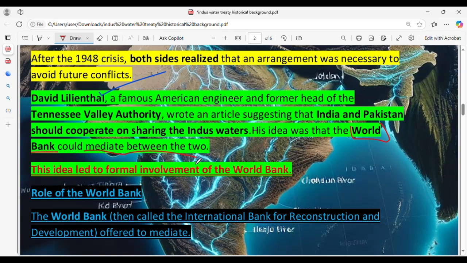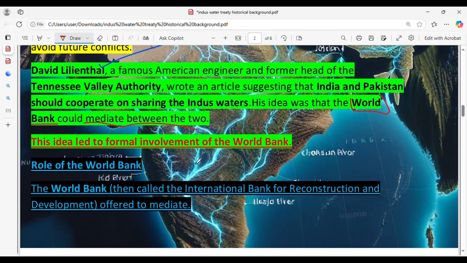At least one person should be in the middle who can make the negotiations properly, to mediate into a treaty. So the World Bank was a proposal by David Lilienthal. This idea led to a formal involvement of the World Bank. From here, the World Bank entered into this agreement.